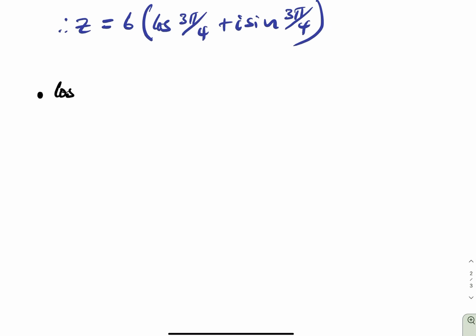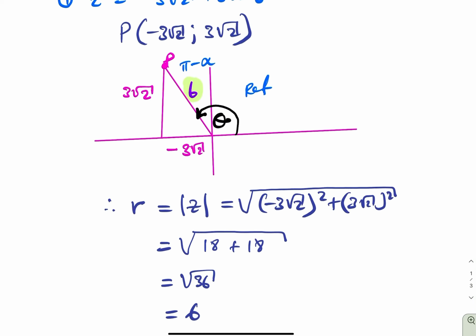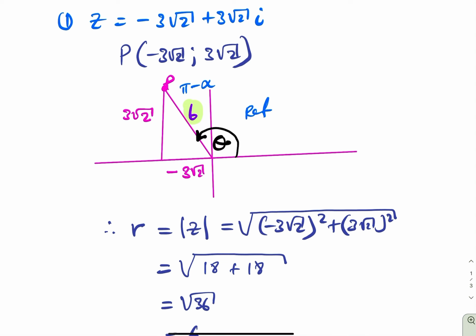Because I was working with a sine, I want to work now with a cos theta. That is going to be equal to the adjacent over the hypotenuse. I'm going to look at my diagram. The adjacent is minus 3 root 2 over the hypotenuse, which is going to be 6, just right here.